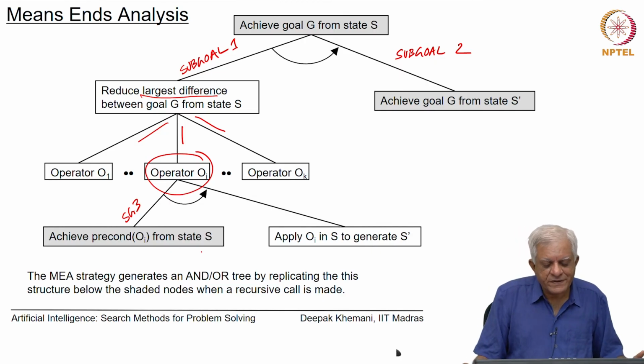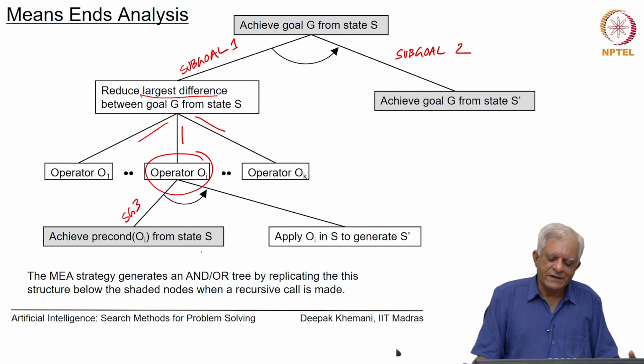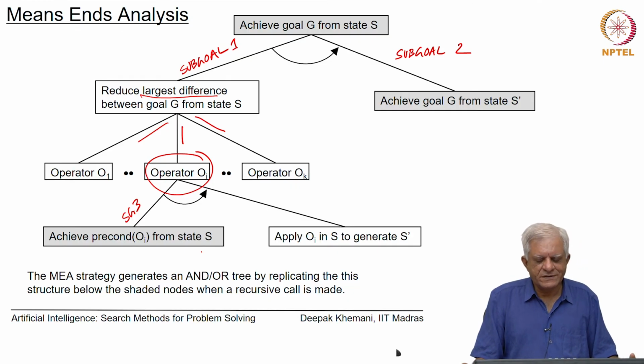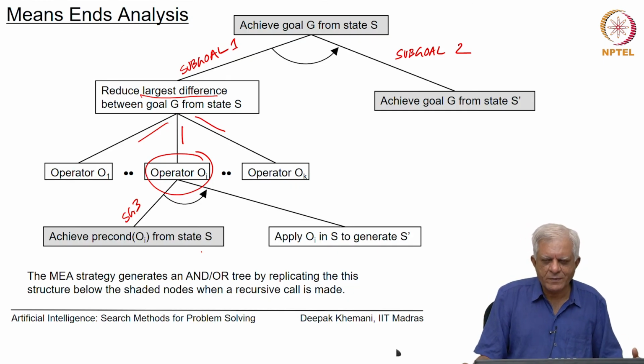In the next few classes, we will look at approaches to problem solving, where again you decompose the problem into sub problems and solve them in a piecewise fashion. And in doing so, we will do two things. We will look at how rule based systems try to solve parts of problems, eventually working out the whole.